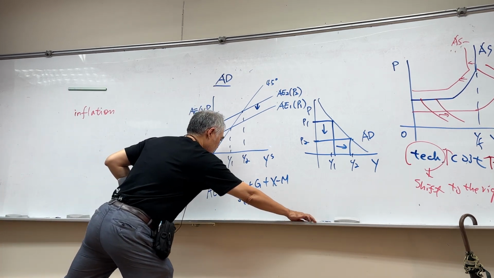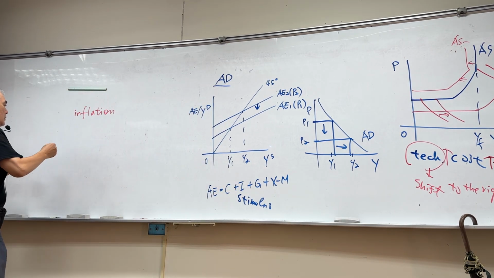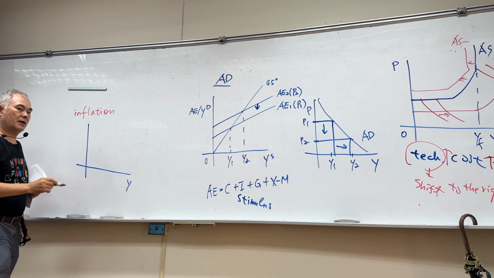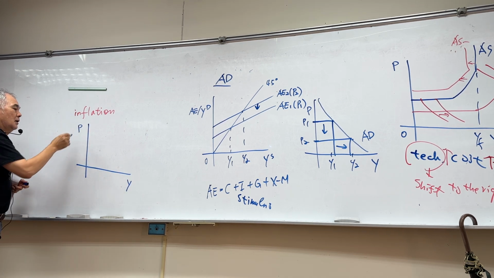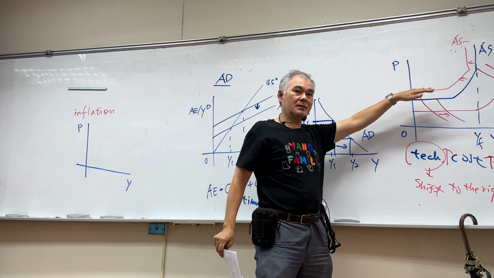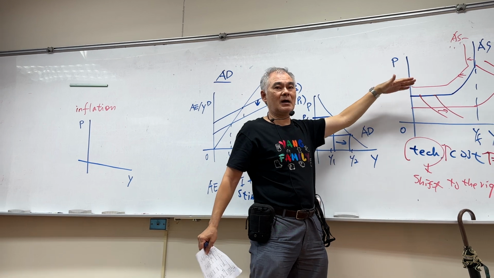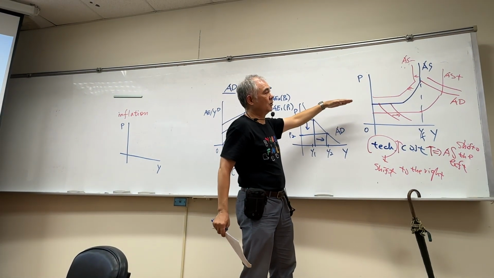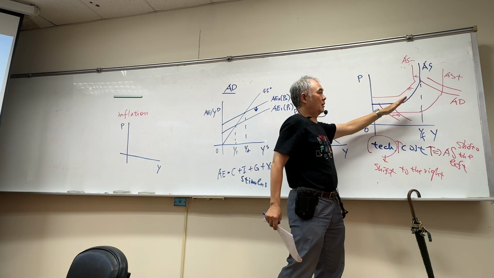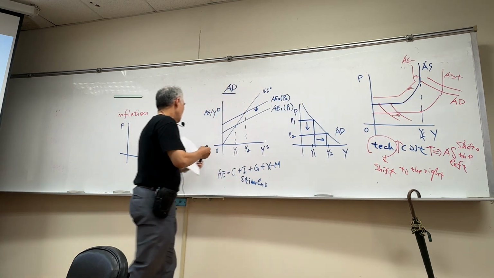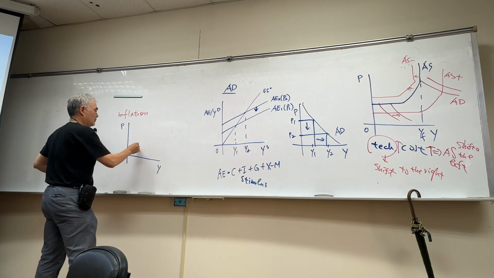This is Y, and here is P. As I say, generally the economy is not here, right? We don't usually have very high unemployment, so we will draw the positive slope section and then the vertical one. It will be something like this.